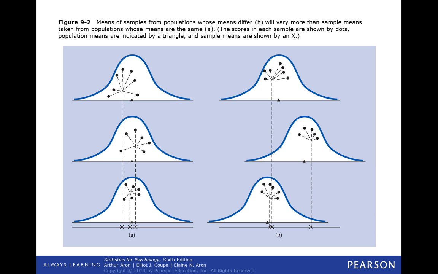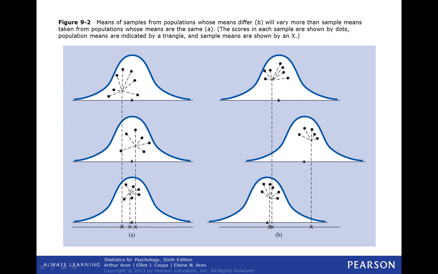If you look at the left-hand column, notice that the scores are all pretty much drawn from the same place in the three different populations. And again, if the null hypothesis is that these three populations have a similar mean to begin with, then the means of the three populations will look very similar.